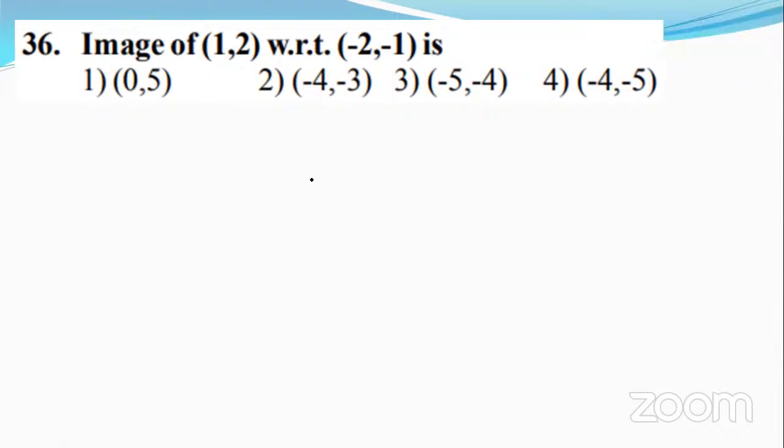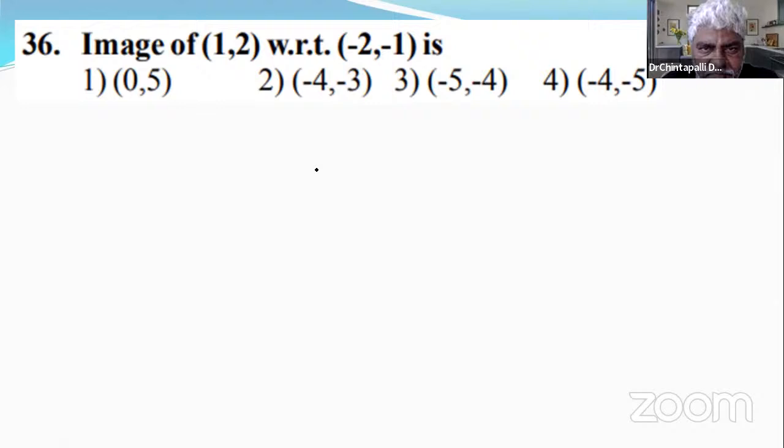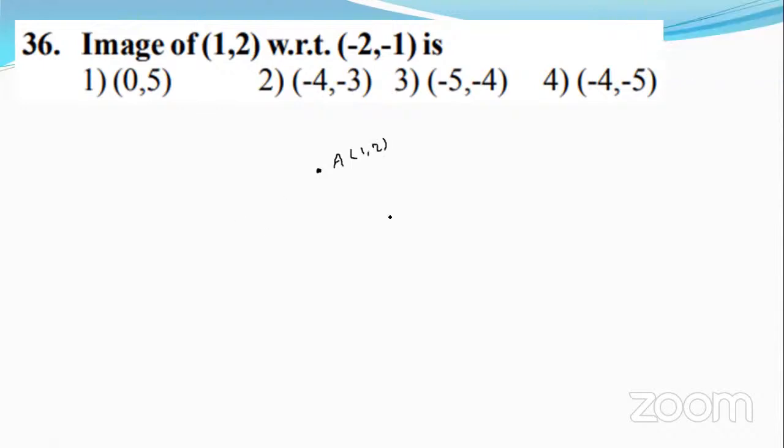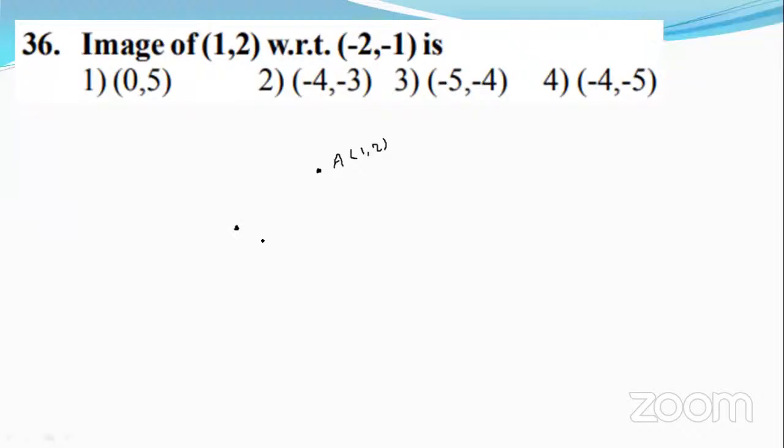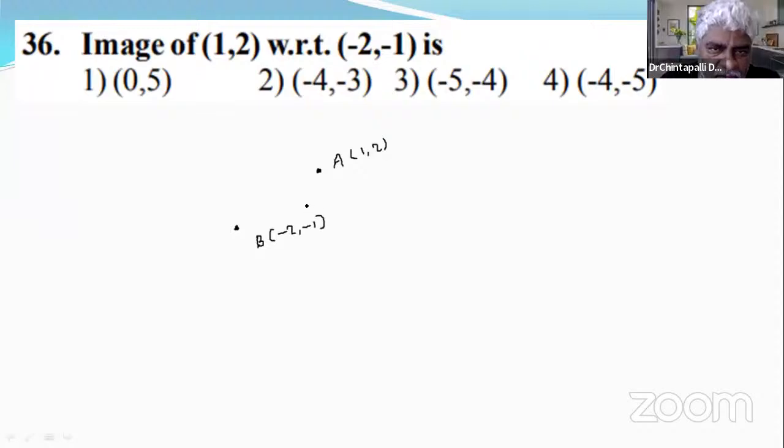It is A(1,2). It is B(-2,-1). See, the image of A with respect to B is asked.